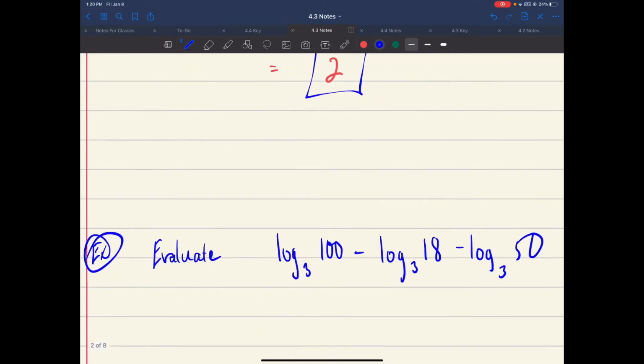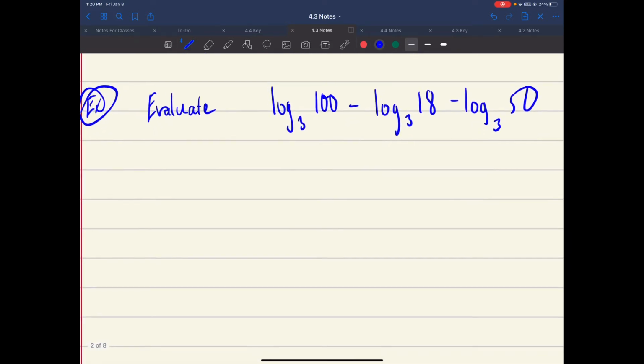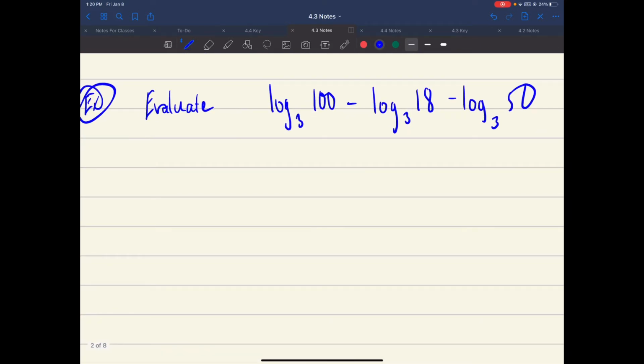All right, the next one is another evaluate. You'll notice it's log base 3 of 100 minus log base 3 of 18 minus log base 3 of 50. I will look at law 2 on the cheat sheet, and I will write this as one logarithm. I'm going to do this in 2 steps, even though I could do it in 1.